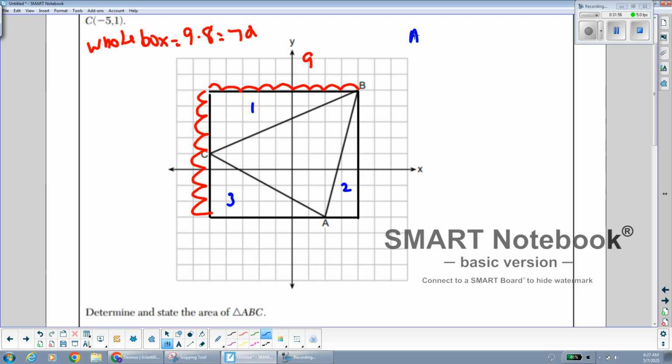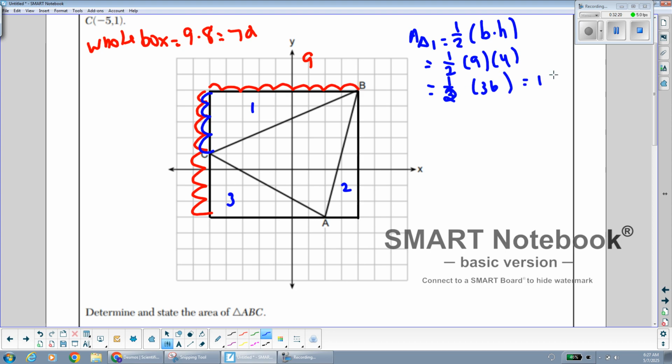I'm going to find the area of triangle 1 now. Area of a triangle is 1/2 base times height. The base is 9, and the height 1, 2, 3, 4. So that is half of 36, which is 18.